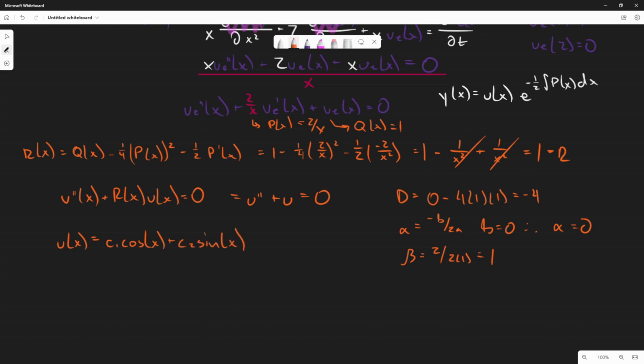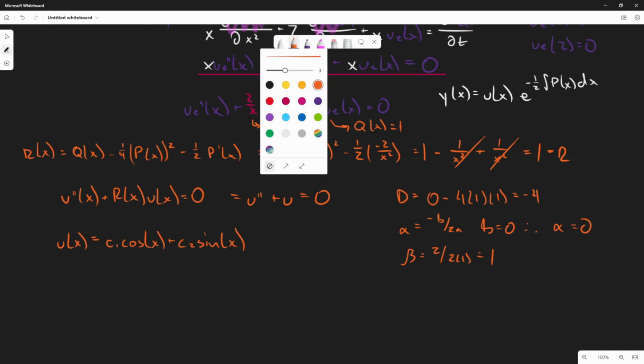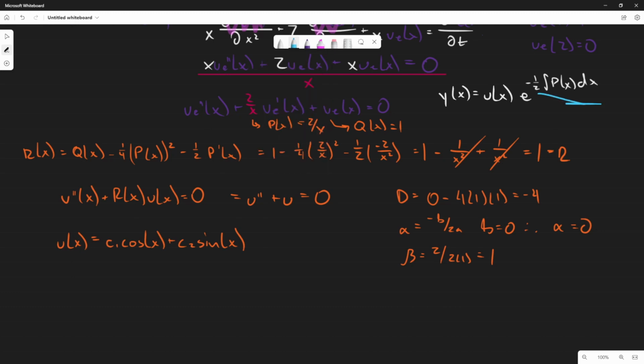Cool. And so now we are going to find what the e to the negative 1/2 times the integral of p of x is. So this portion right here, and we're not going to do the raising power thing, we're just going to do it separately.